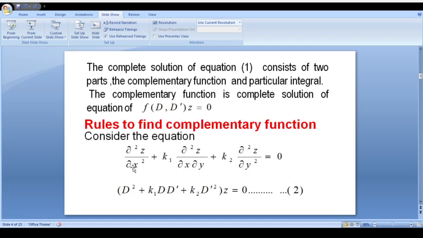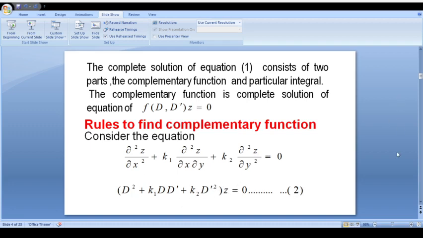As I earlier told, replace dou by dou x as capital D. So this becomes D square plus k1 D D dash plus k2 D dash whole square, operated on z, which is equal to 0. Now this is equation 2.